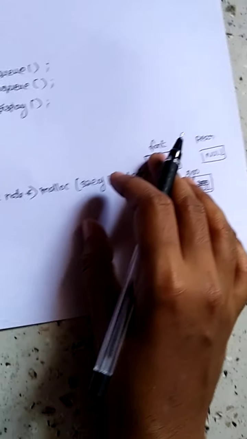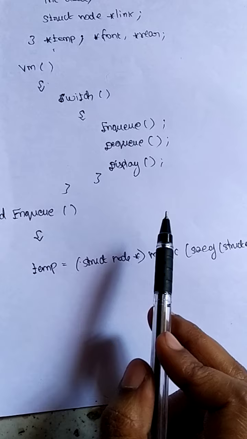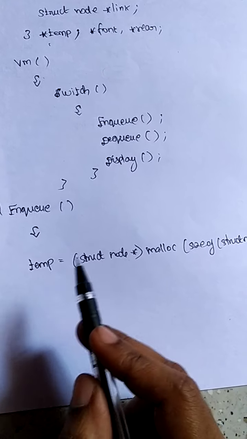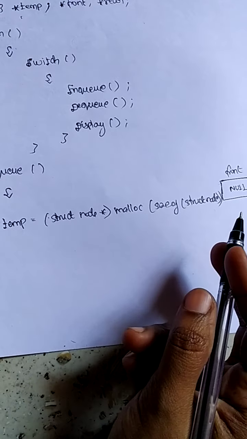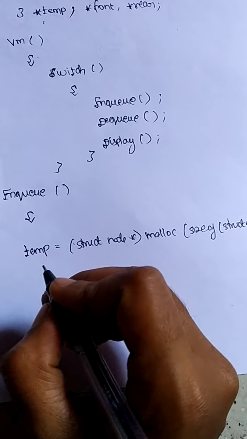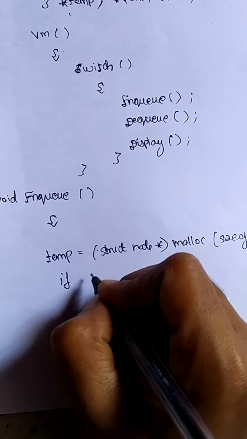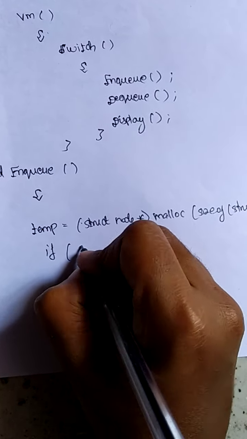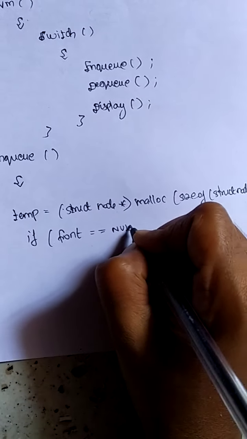Now the first case is while you are inserting, if there is no element in the queue, that is, the queue is empty. So the first condition is if the queue is empty, how am I going to insert the node. If the queue is empty, we already know that the status of the two pointers front and rear will be: if front is equal to null.